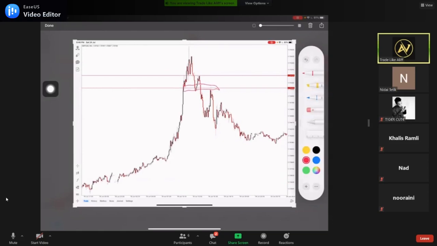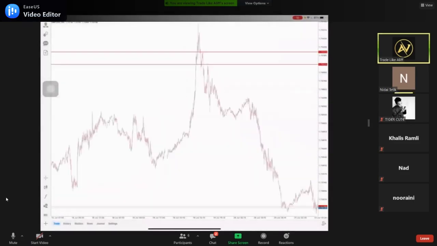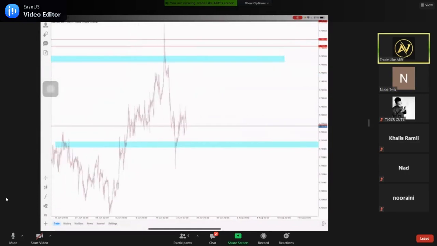As soon as the market gives me another breakout here, I put 0.5 times 20. One here, safekeeping 0.5. Wait until another breakout has happened. Here I put 0.5 times 20. That is confirmed. Understand? Same goes to here.